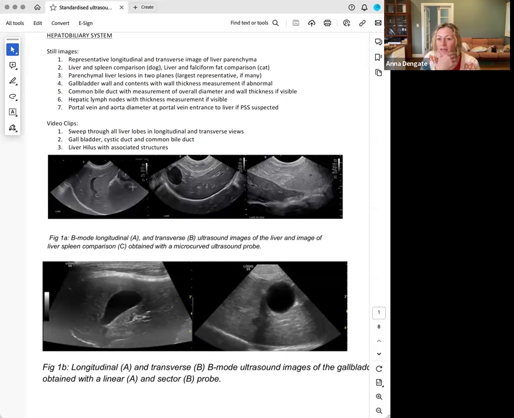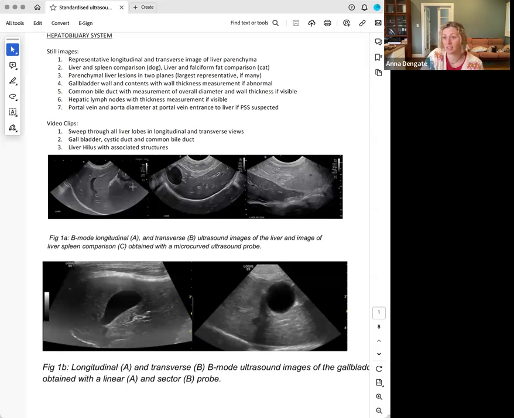The other thing on our checklist of requirements is hepatic lymph nodes and common bile duct. If you've got a patient that you're there to assess for chronic renal failure and we don't have any liver enzyme elevations and they don't want to sedate it very much, or it's been discharged late in the day, don't worry about checking the hepatic lymph nodes.